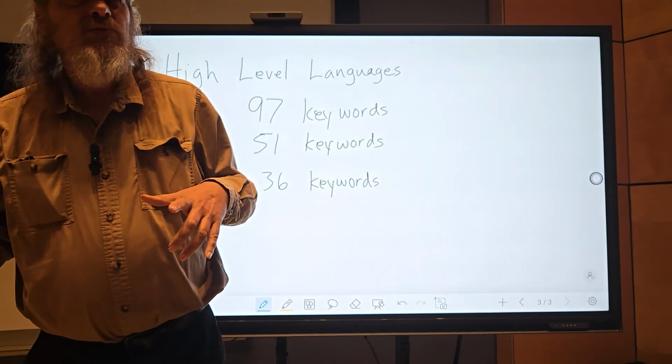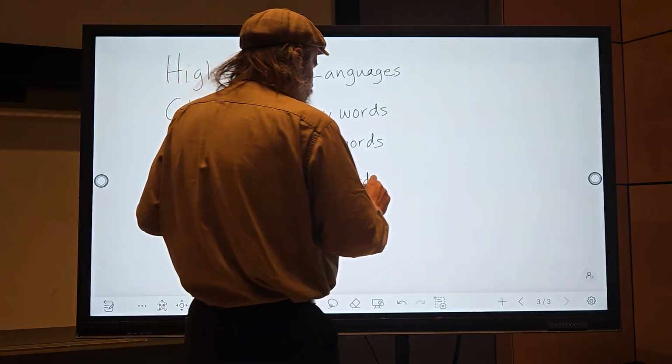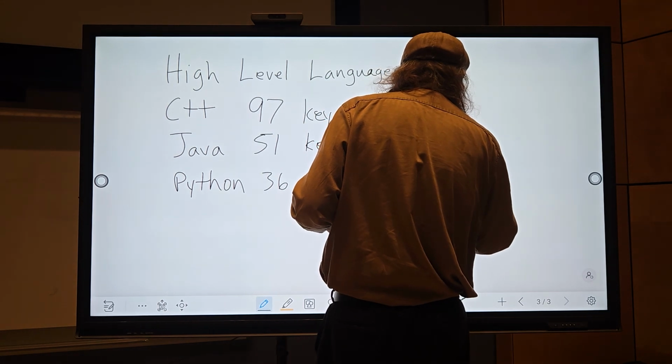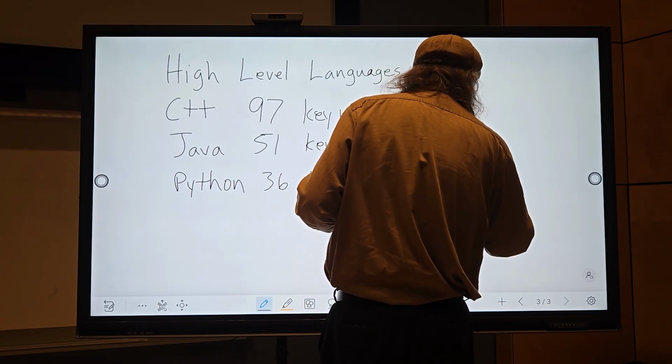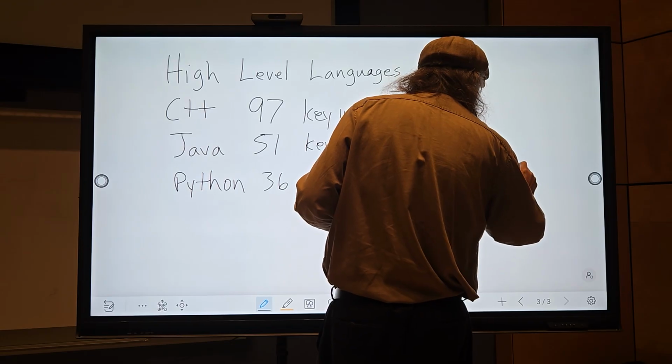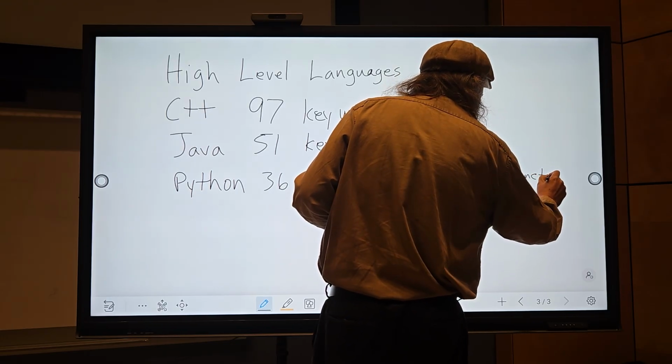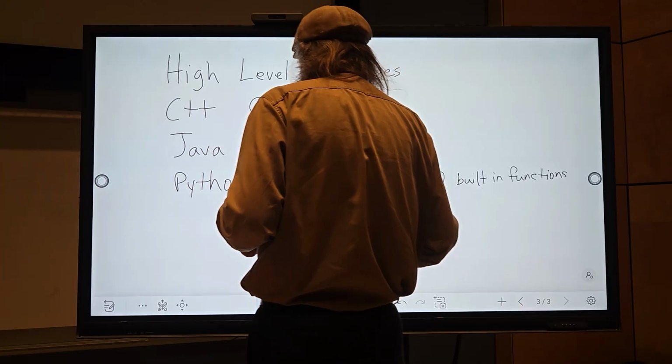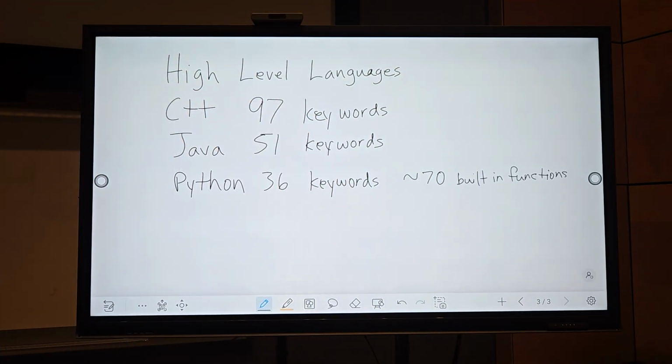They don't have to be imported in some library, and that number is around 70 built-in functions. But yeah, just 97 words for C++ and 36 for Python. Not much to learn.